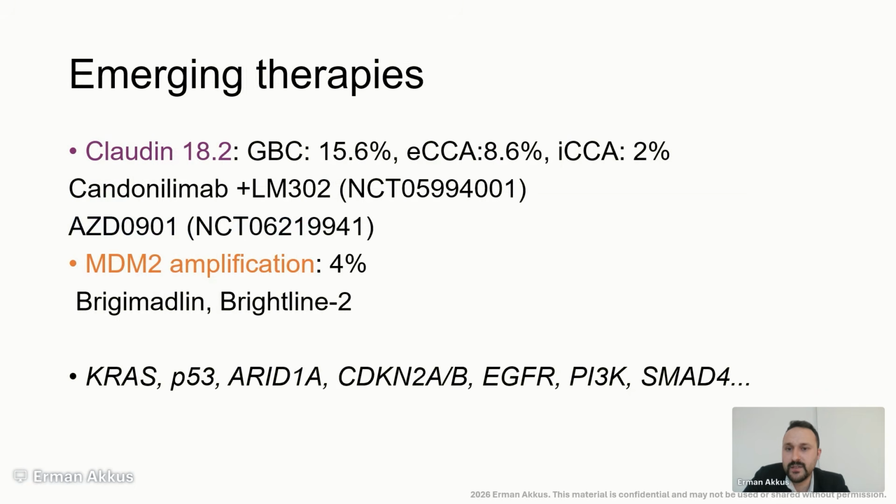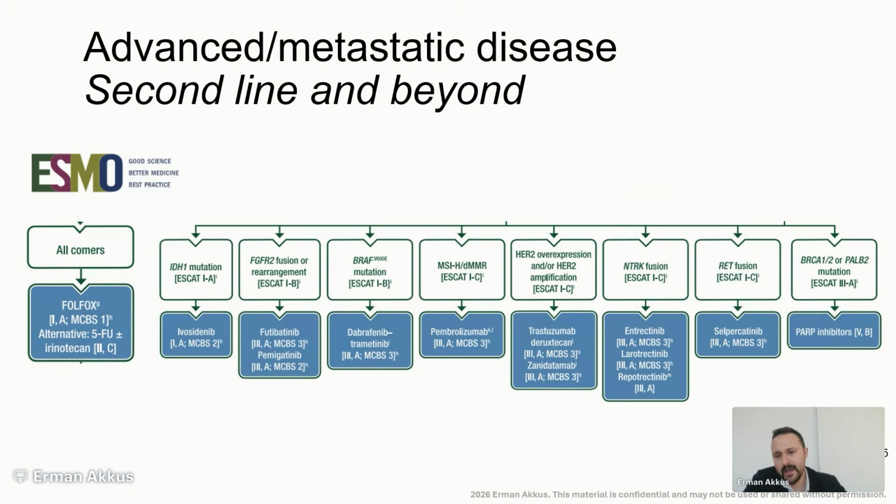And there are emerging therapies in BTCs. Claudin, for example, is positive in 15% of gallbladder cancer, and MDM2 amplification is observed. There are ongoing trials for these novel targets and therapies. All these targeted agents are investigated in second line and beyond in biliary tract cancers.